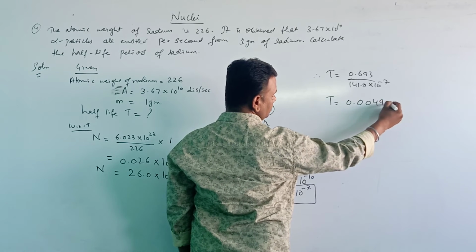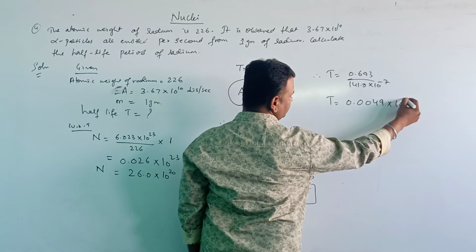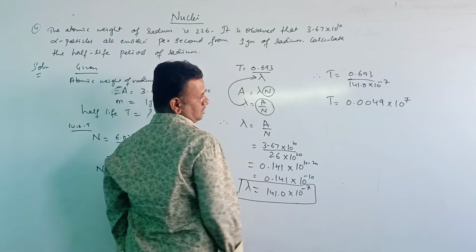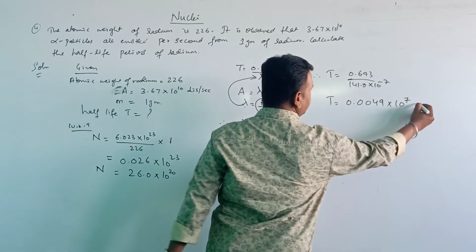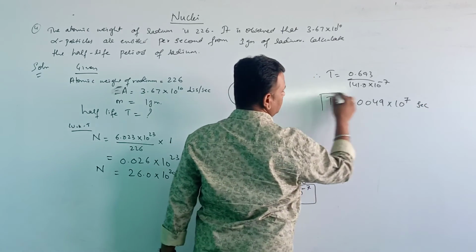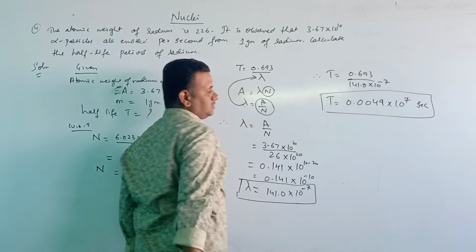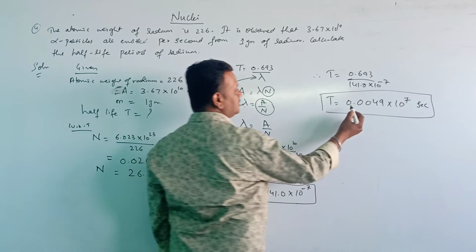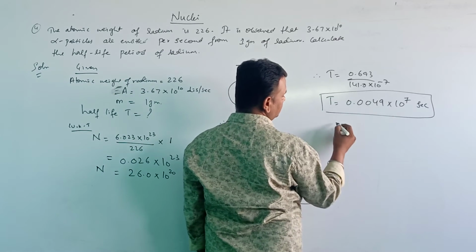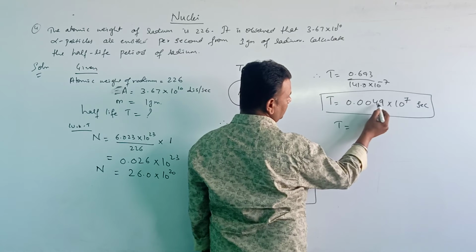0.0049 into 10 to the power of 7, right? So seconds. So in terms of seconds, if we shift this decimal point, t is equal to 1, 2, 3, 4.